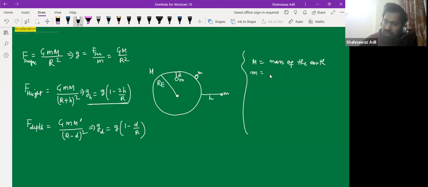Small m is the mass of the object. R_E, which I'm calling R, is the radius of the Earth. And d is depth, and h is height.